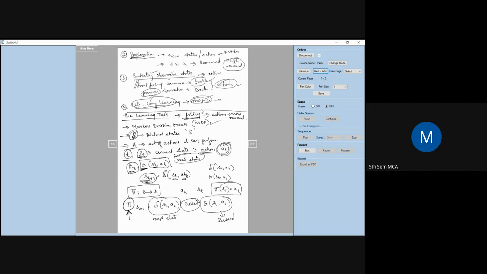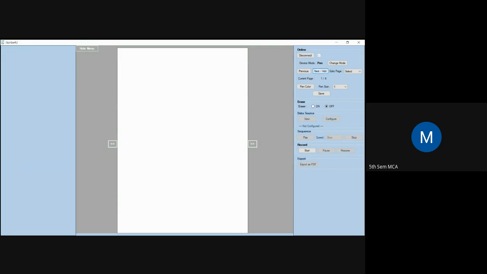That is what it has to learn. So how can we formulate this pi, or this function? That is what we learn now. One second, let me change this page. Okay. So how should we formulate this particular function pi? What approach should we consider?